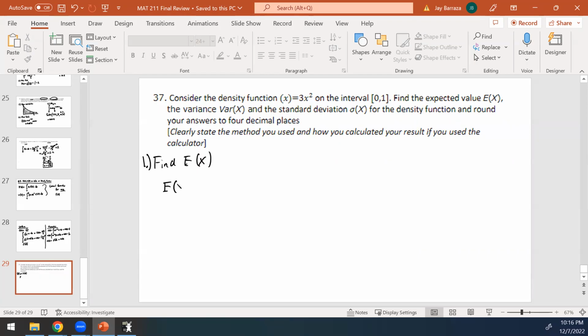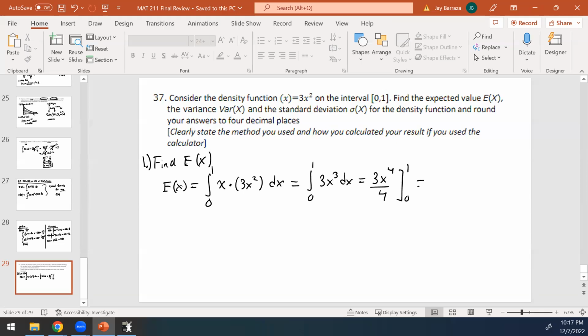E of x is equal to the integral from 0 to 1 of x times 3x squared dx. This one you can usually do on your own if it's a simple one. So x times x squared is x cubed. Then this is equal to 3x to the 4th power divided by 4; you add 1 and divide by the new exponent.